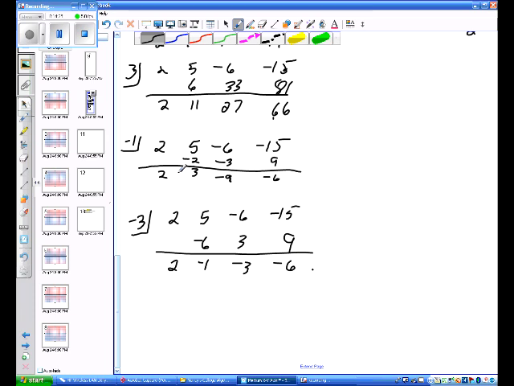There's something that when it ends up this negative 1 and negative 3, we got that same answer. And so that tells us some things, but let's just go ahead and try the negative 5. Since that didn't work, negative 5, 2, 5, negative 6, negative 15.